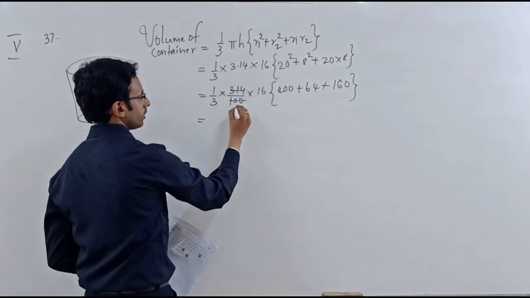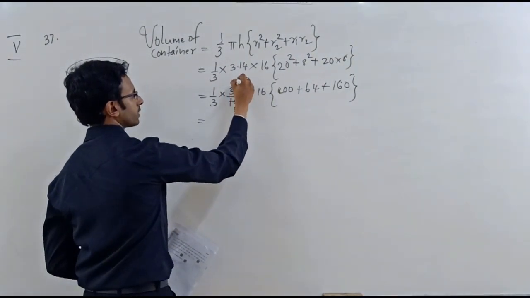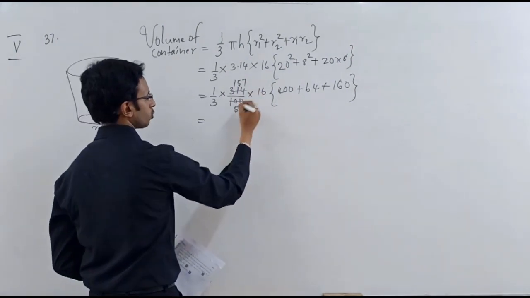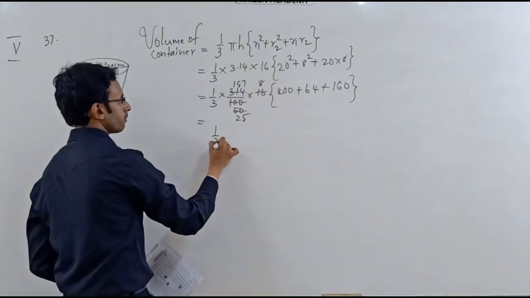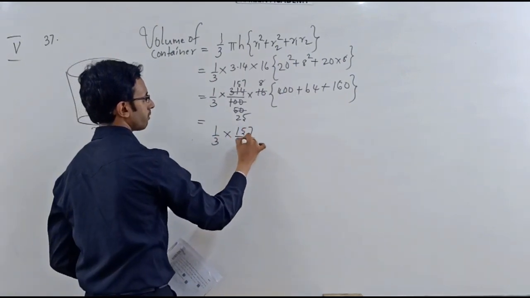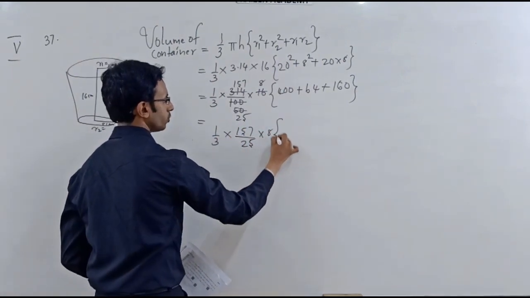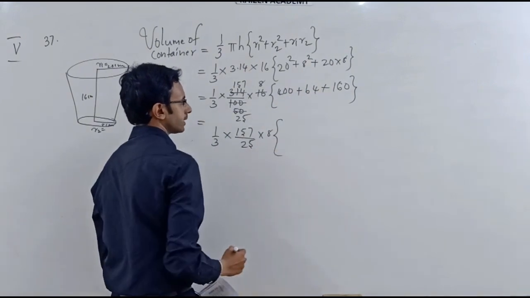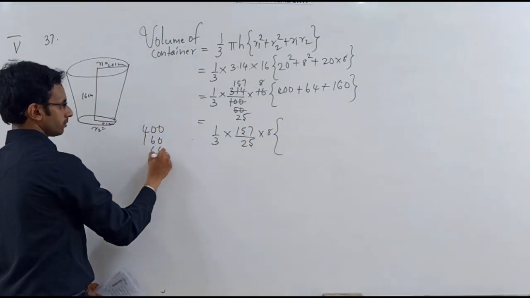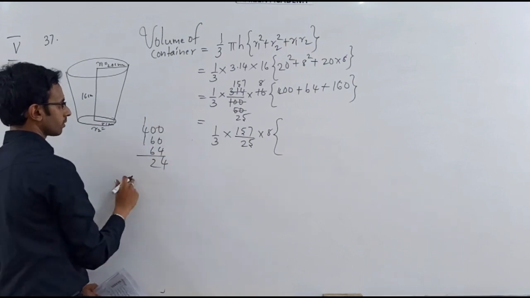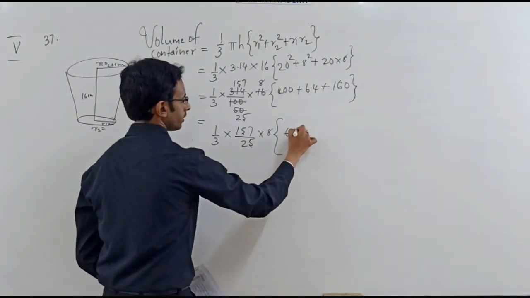These two will go into the table: 2 50s are 100, 157 times, and this also will go, 2 8s are 16. So you get 1 by 3 times 157 by 25 into 8 into 400 plus 160 plus 64, which is 624.